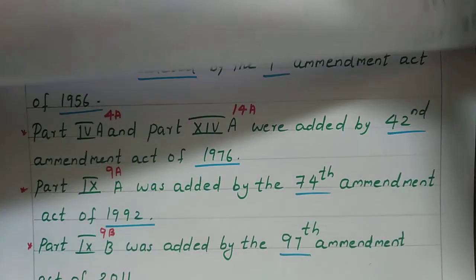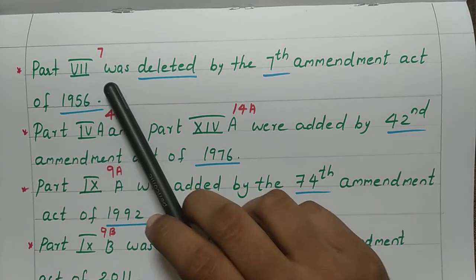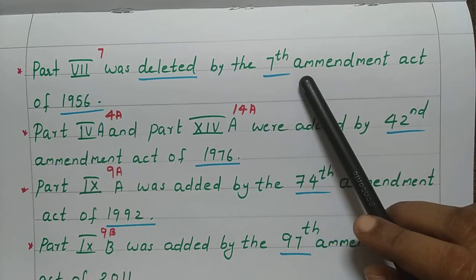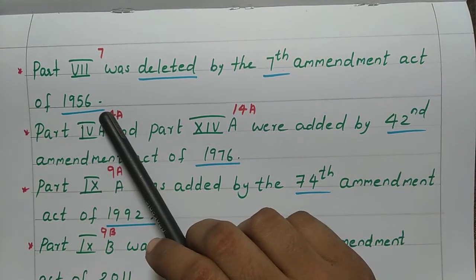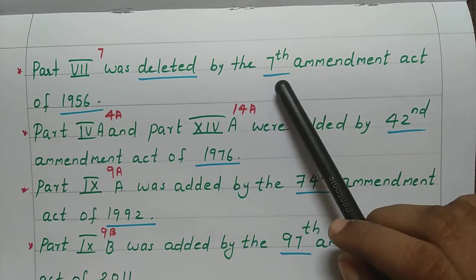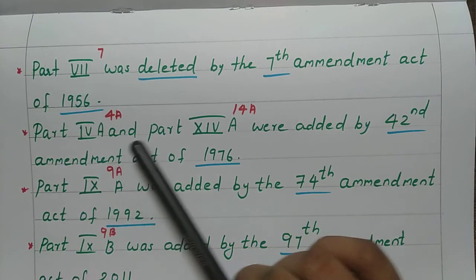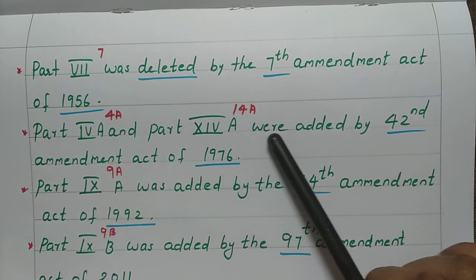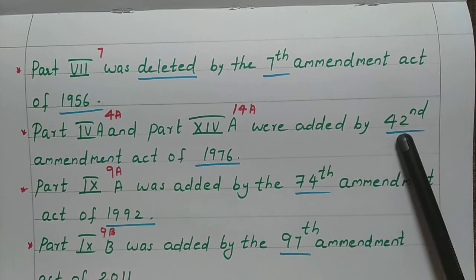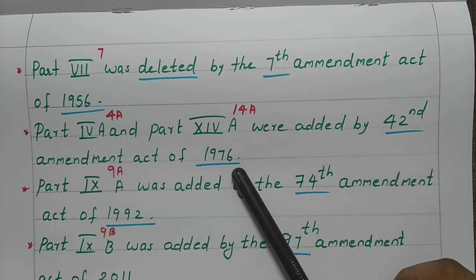But for your information, I will tell you something about the parts deleted and parts added. Part 7 was deleted by the 7th Amendment Act of 1956, and Part 4A and Part 14A were added by the 42nd Amendment Act of 1976.